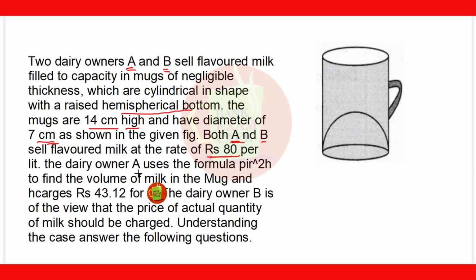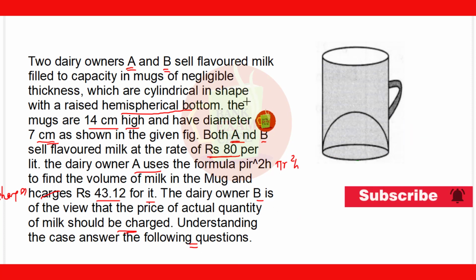The dairy owner A uses the formula pi r square h to find the volume of the milk in the mug and charges rupees 43.12 for it. The dairy owner B is of the view that the price of the actual quantity of milk should be charged. Understanding this case, answer the following questions.